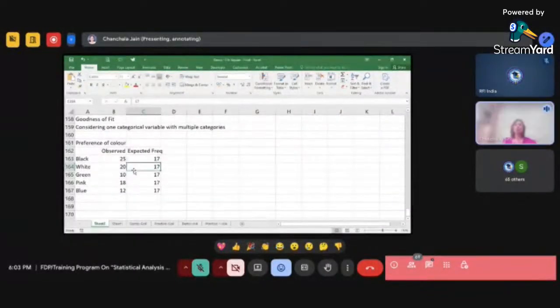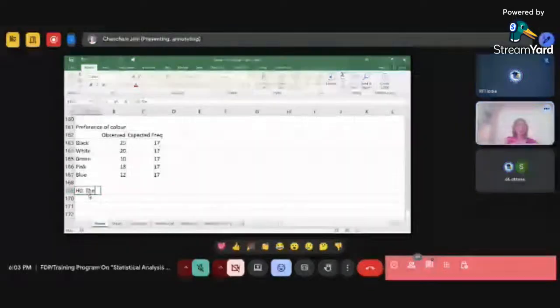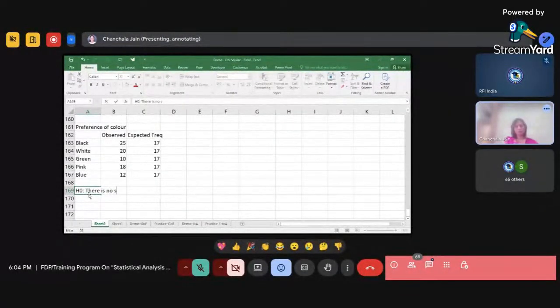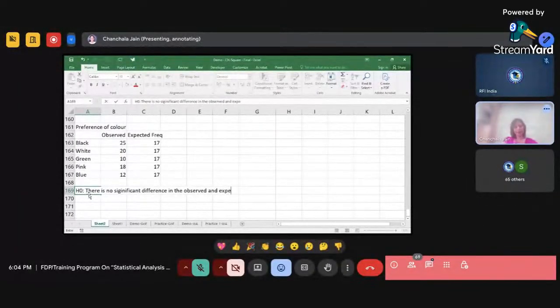So this is about the goodness of fit. How will I make my hypothesis in this case? I generally write my null hypothesis as: there is no significant difference in the observed and expected count of color preference.